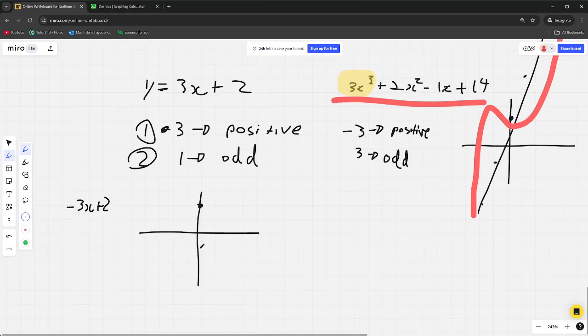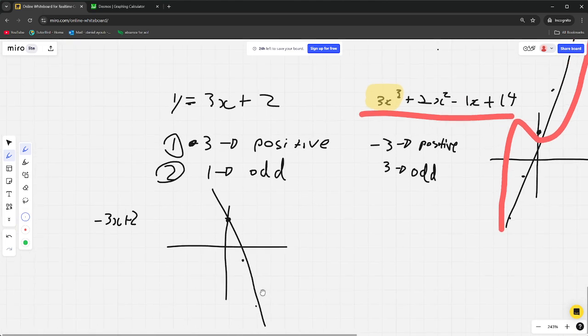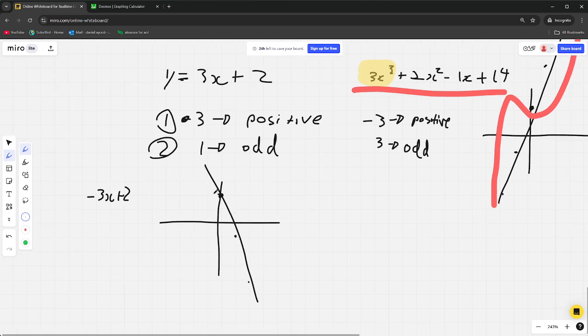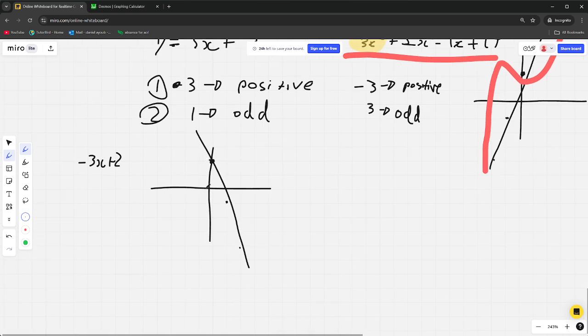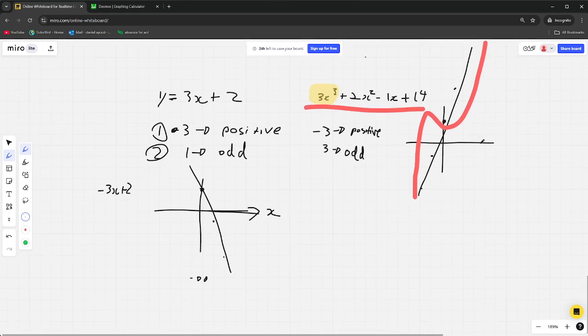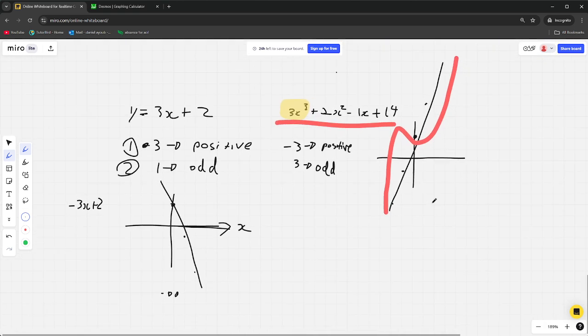Same intercept, but now our slope is negative. So our end behavior is completely switched. As x approaches negative infinity, y approaches positive infinity this time. And as x approaches positive infinity, y approaches negative infinity down here. It got completely flipped around.